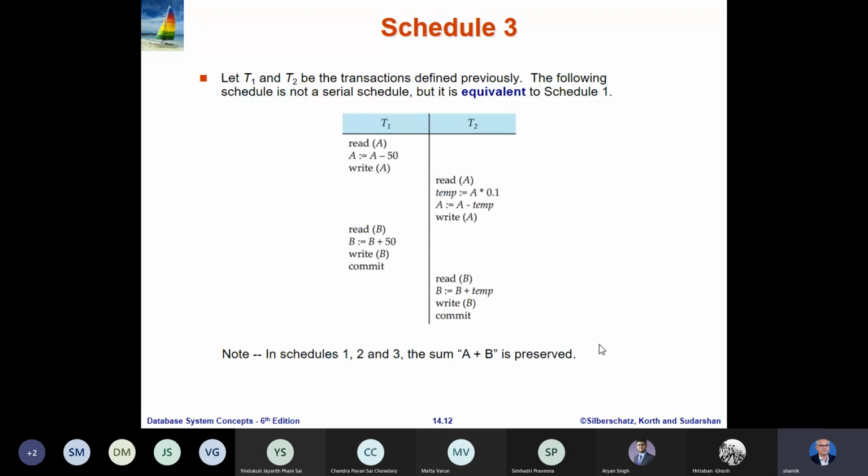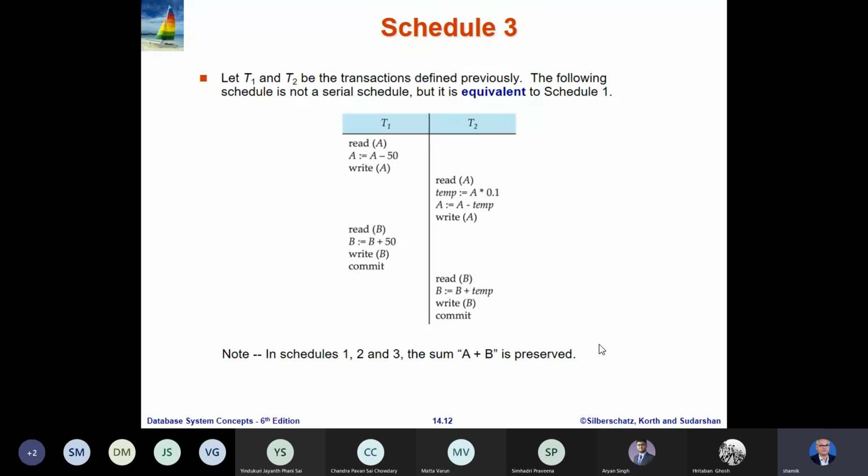What we see here is that T1 first reads A and computes A minus 50, and writes back the value of A, and then T2 reads the value of A. So if it was 1000, T2 now reads 950, and then it computes 95, and then we have read B, which reads 2000, and then it is incremented to 2050, and then this B is further incremented by that 95.